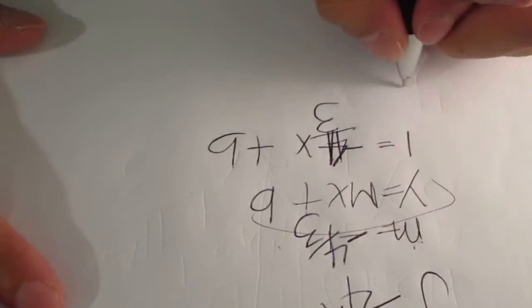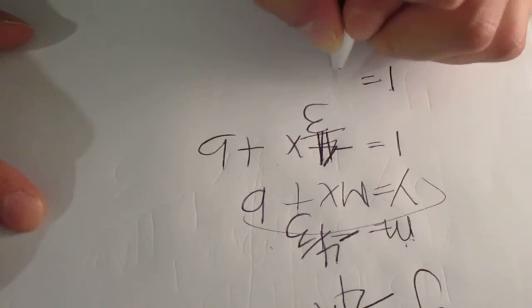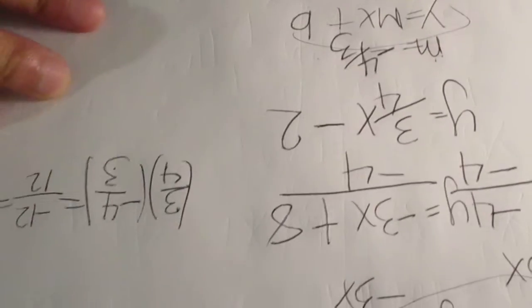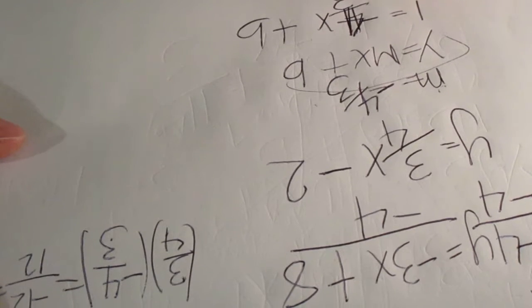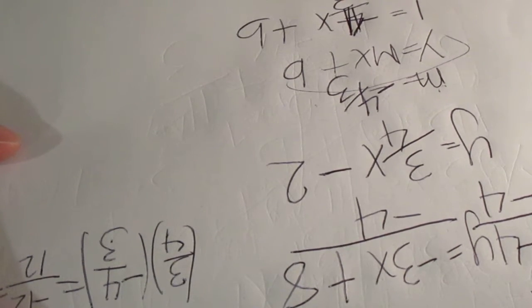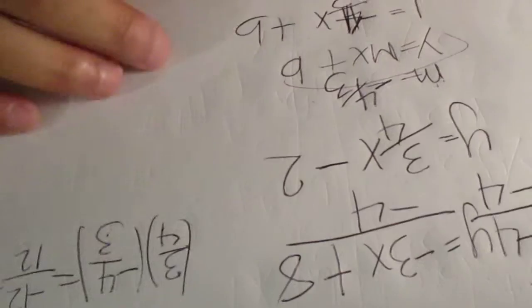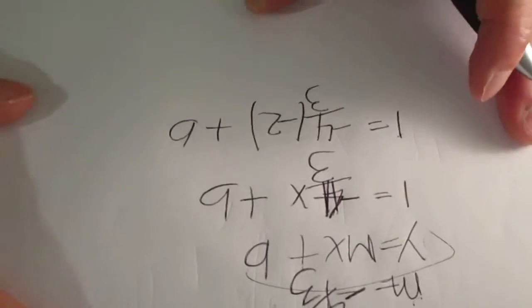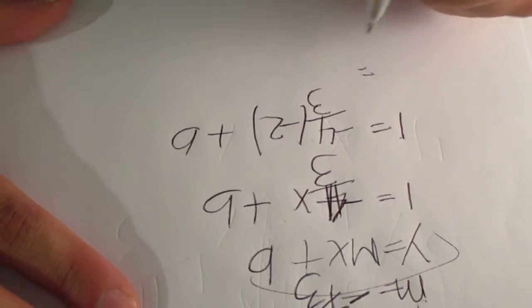So 1 equals -4/3 and our x is -2, remember, from the point they gave us, plus b, and then do the algebra.